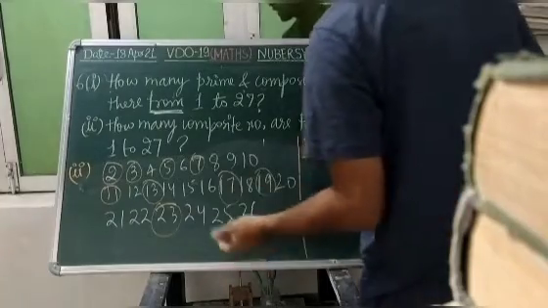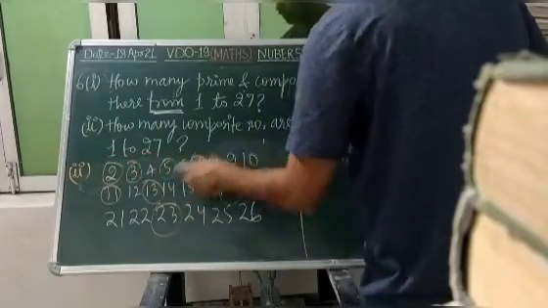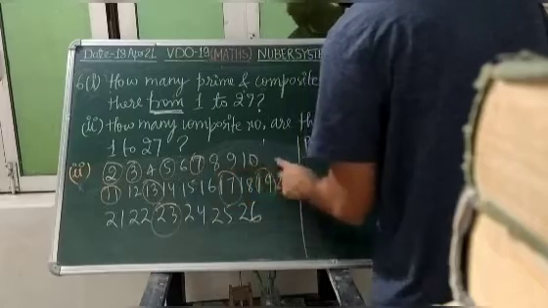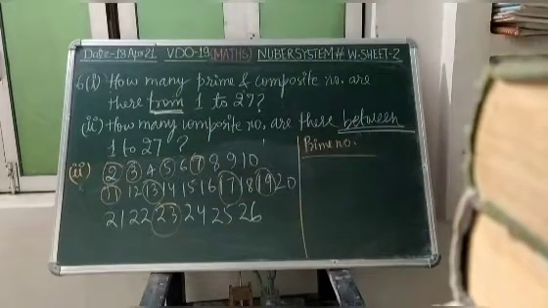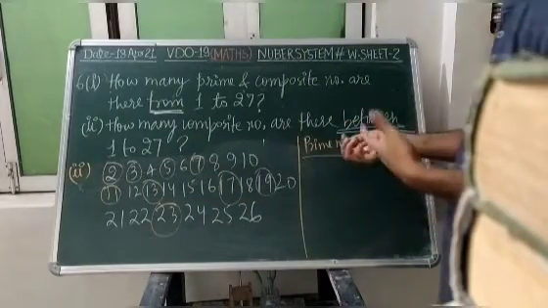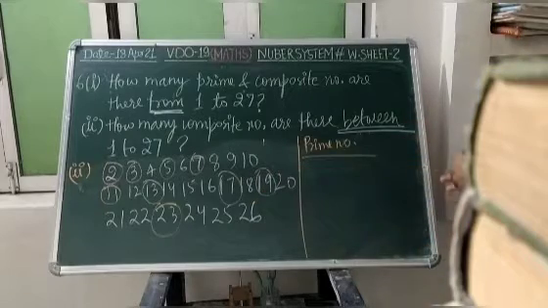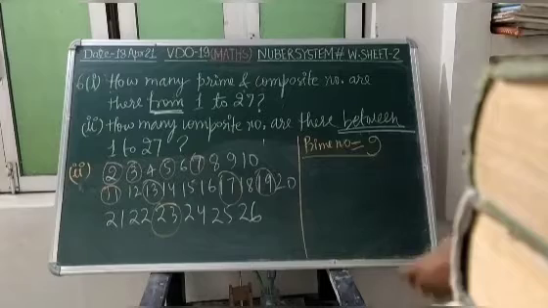So how many prime numbers are coming? 1, 2, 3, 4, 5, 6, 7, 8, 9. So while ignoring 1 and 27, your answer is the same: 9 prime numbers.